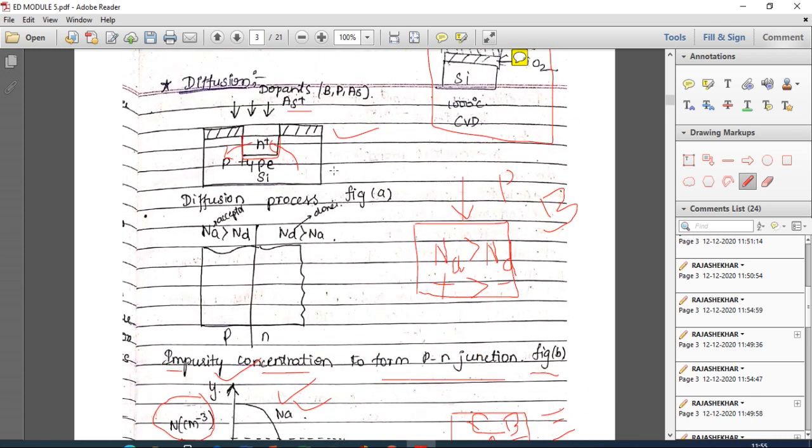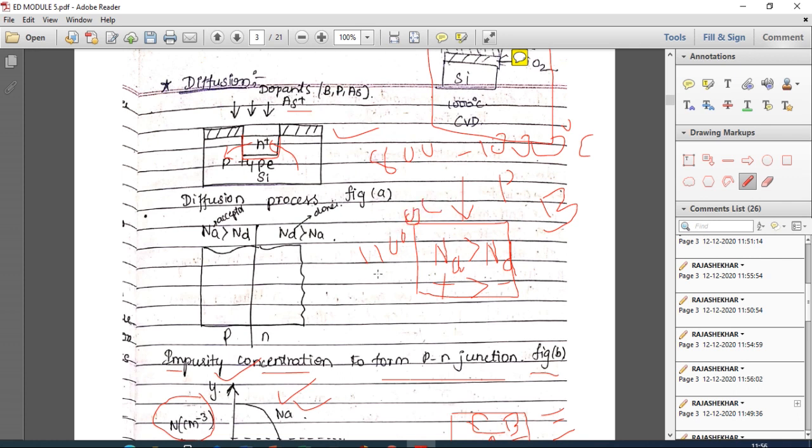Here the diffusion process takes place around 800 to 1000 degrees Celsius, but in some furnaces we can use up to 1100 degrees Celsius.